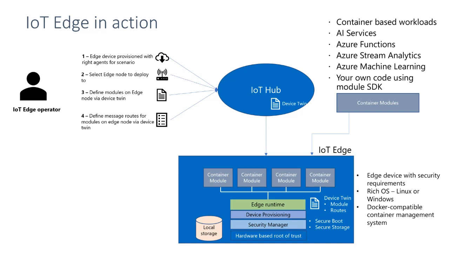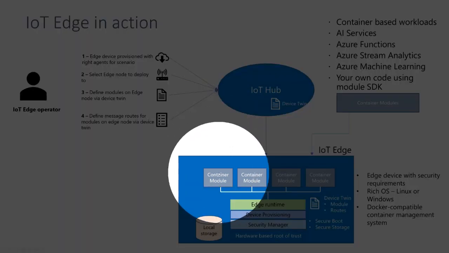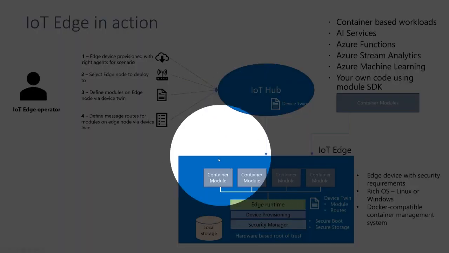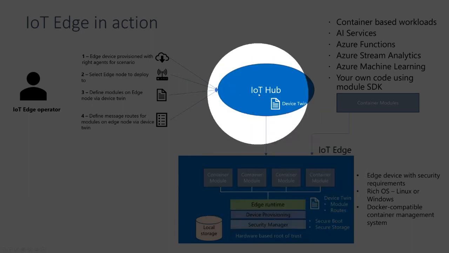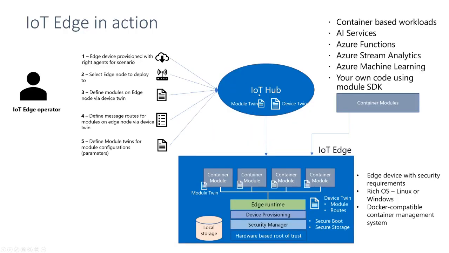So also on the IoT Hub, you actually define the message flow. So how do you want data to flow, maybe from this module to this module and up to the cloud, or maybe from this module to this module and this module up to the cloud. So you can actually define that path, and then you can define any additional configuration metadata that you want to pass down to these modules.